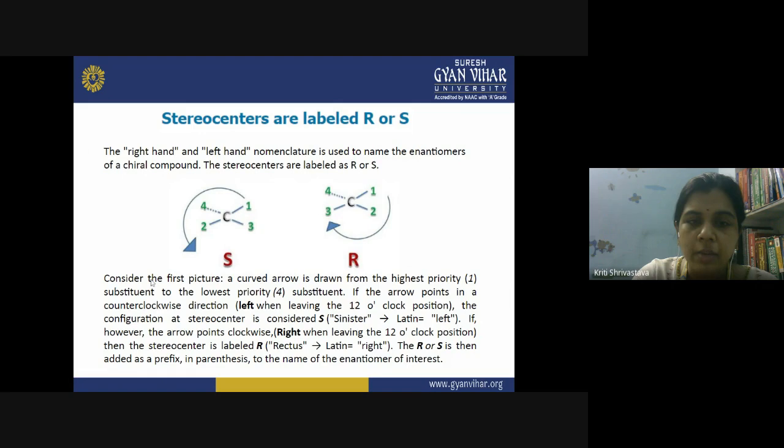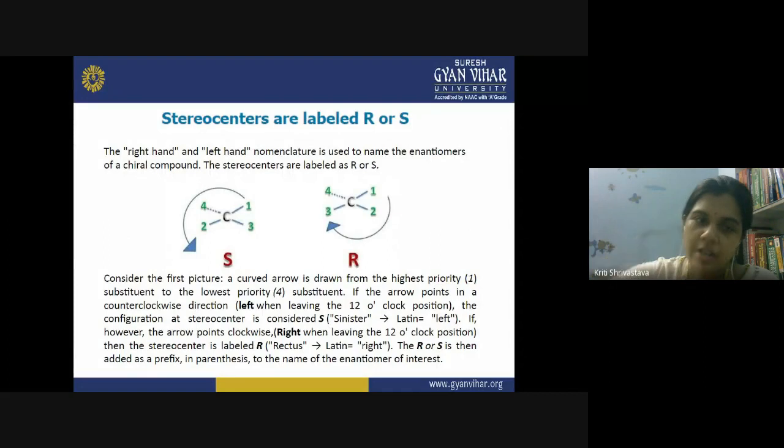In this picture, you are seeing a curved arrow which is drawn from the highest priority substituent, that is one, to the lowest priority substituent, 4. If the arrow points in a counterclockwise direction, that is to the left, when leaving the 12 o'clock position, maybe you are aware of this anti-clockwise direction, it is just the opposite direction in which your clock runs.